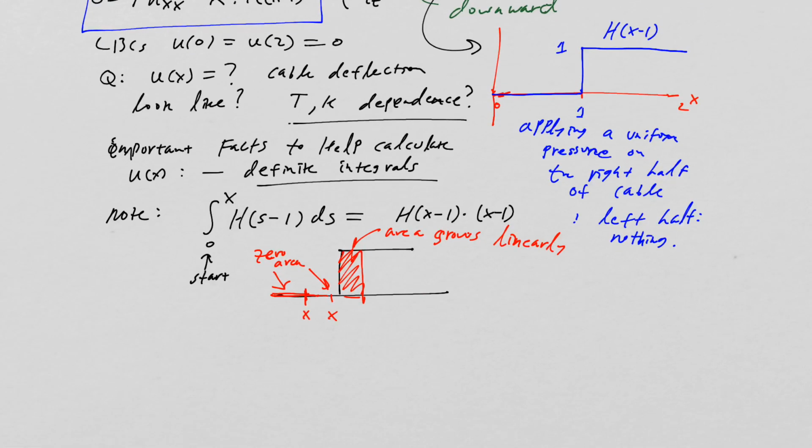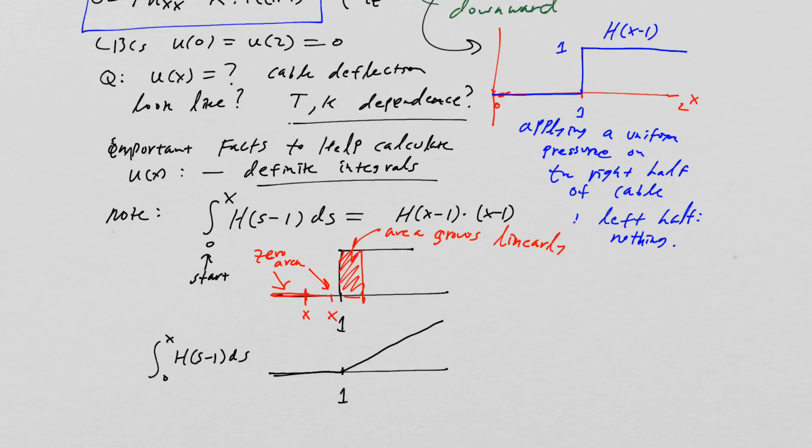So if I were to draw another one of these axes here, what does this graph look like? It's going to be 0 here, and right at 1, it'll take off and grow linearly like this.